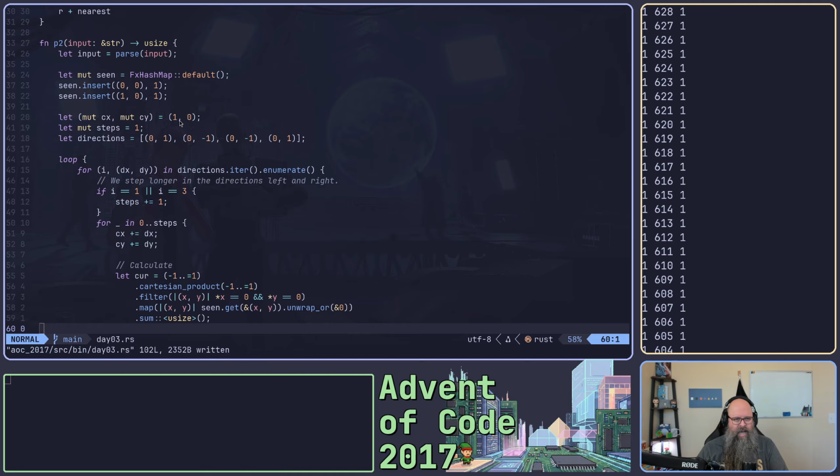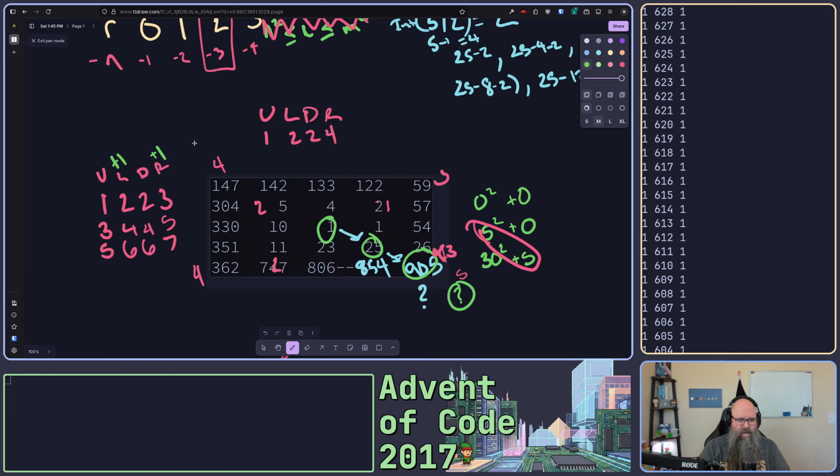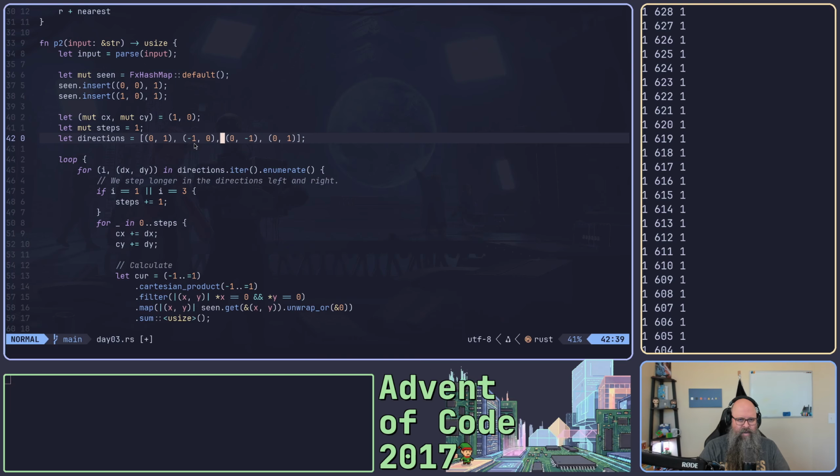Our cur is at x1, y0. Our steps are 1. Our directions are up. No. Yes, up, down. Ooh, do I have my directions wrong? That's down. Up, left would be -1, 0. Up, left, down.